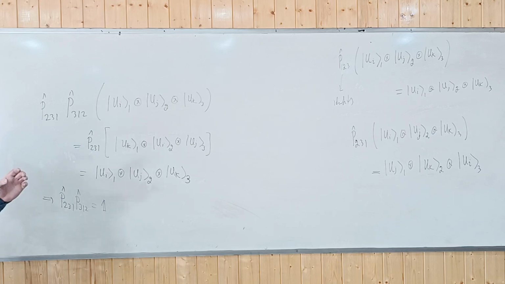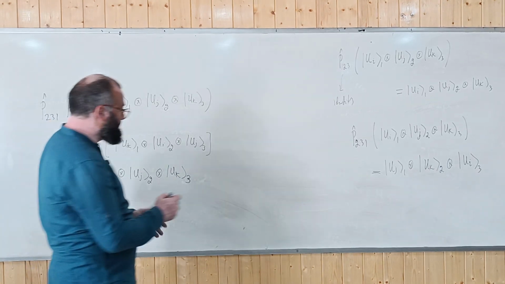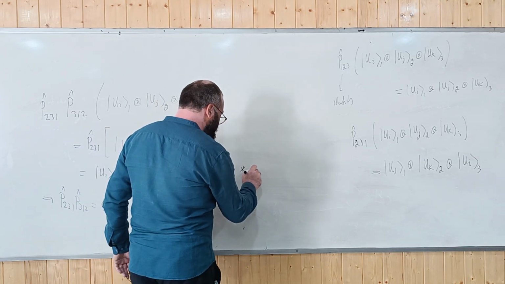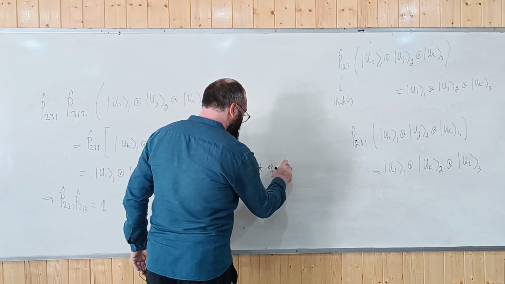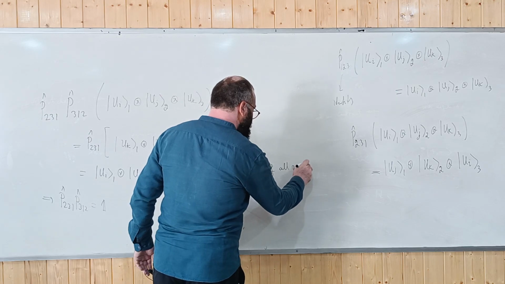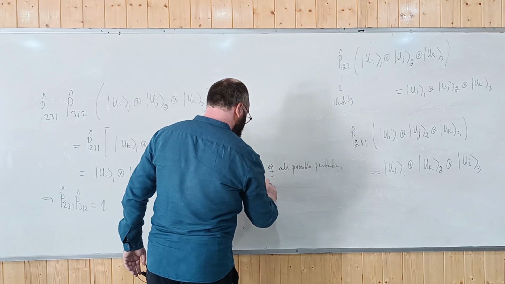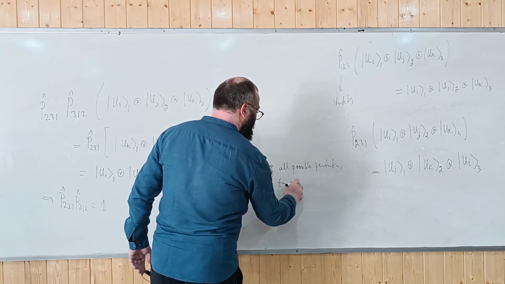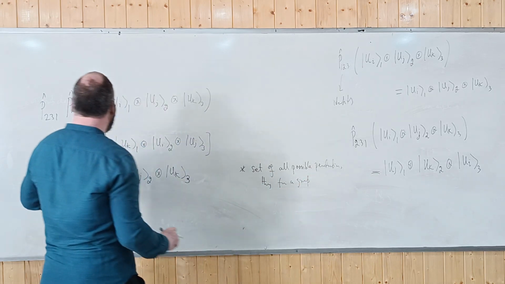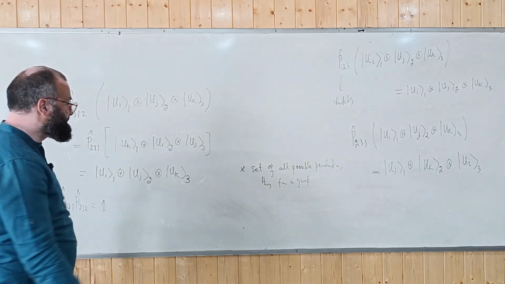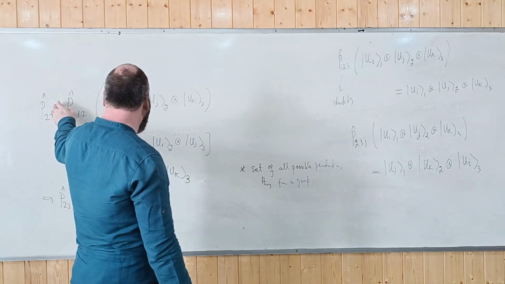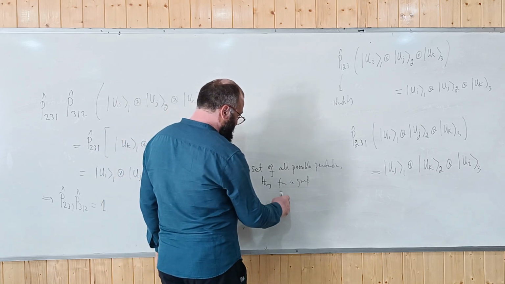If you take the set of all these permutations, they form a group under multiplication, which is actually a simple operation.